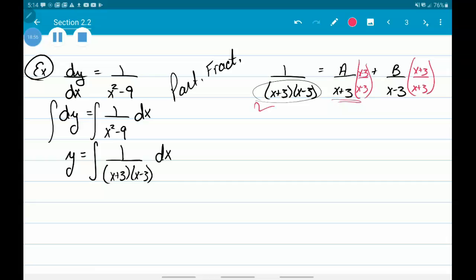Now, for the left-hand side to equal the right-hand side, since they have the same denominators now, the tops have to be equal to each other. So at this point, here's what we have.